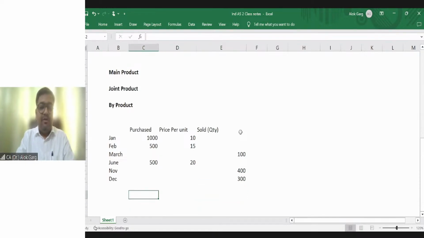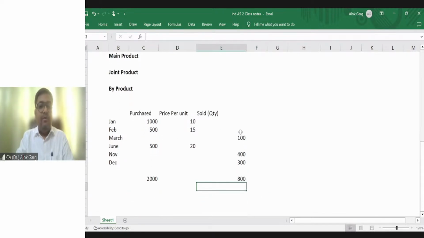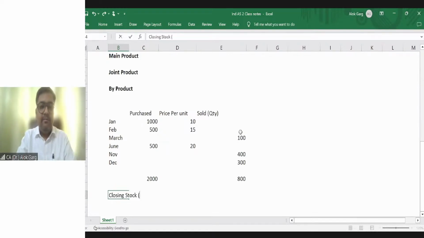Your total purchase quantity is 2,000. Sold quantity is 800. So your closing stock quantity is equal to 1,200.